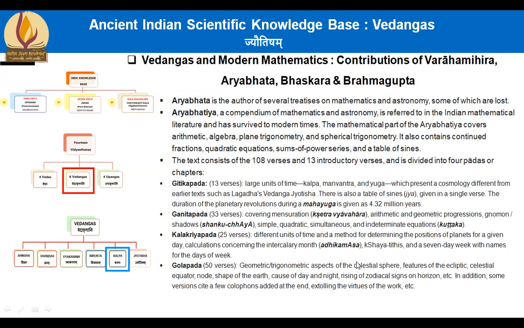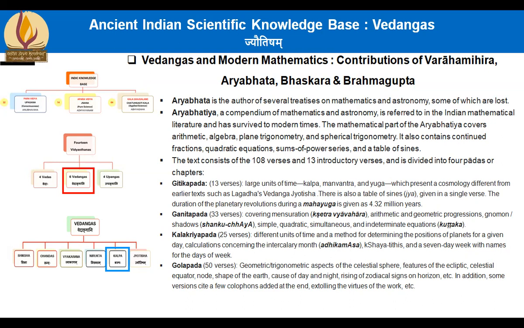Then Aryabhata has written several treatises, and they are all on mathematics and astronomy. We can find very few such texts available today. This Aryabhatiyam has been a great mathematical literature. It talks about arithmetic, algebra, plane trigonometry, spherical trigonometry, and it contains fractions, quadratic equations, and sums of power series.